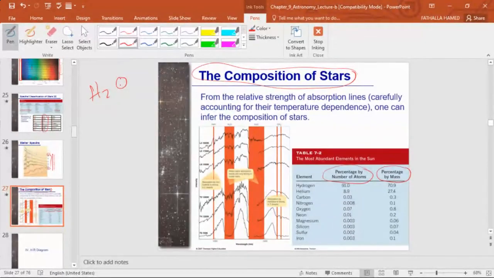So now, if I want to do that atomically, I will say that oxygen is 1/3, which is 33.3% atomically. For hydrogen, I would say it is 2 over 3, which is 66.7%.